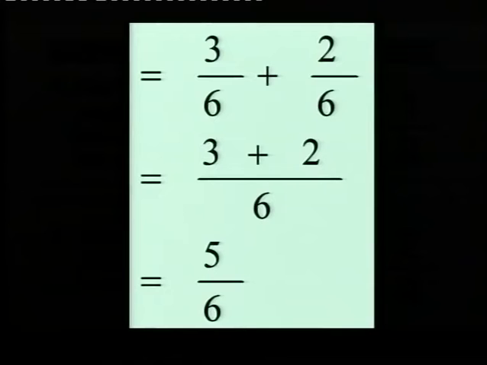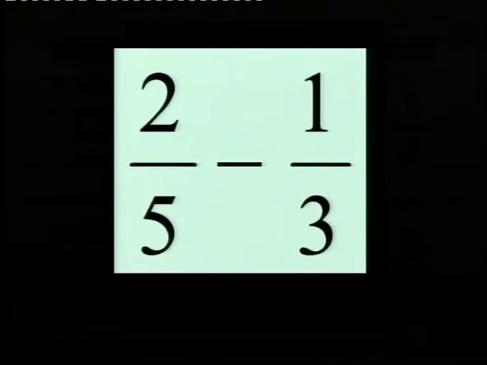So 1/2 becomes 3/6, and 1/3 becomes 2/6. We found the lowest common denominator, which is 6. Now we can add fractions with the same denominator. So 3 plus 2 is 5 over 6.